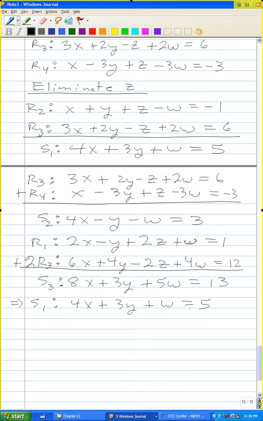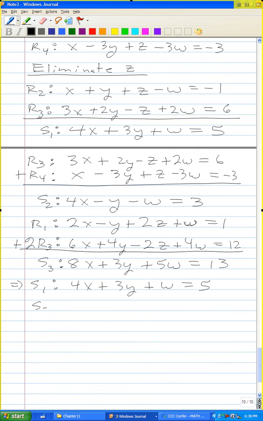Well, that's good. That's just where we were on the previous problem. So we're getting ahead. So we're almost done then. Now we just have to solve a system of 3 equations in 3 unknowns.